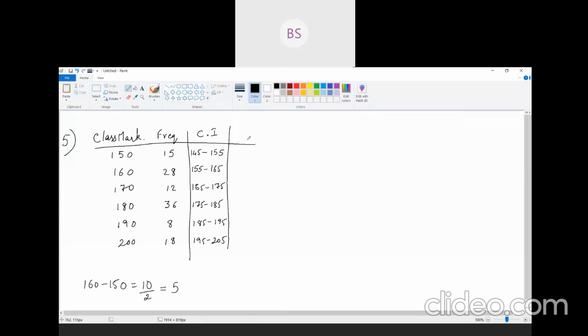Now we have to draw the histogram for these class intervals and the frequencies. So you all will be able to do the histogram further. Okay. So for this histogram, you all draw it. Okay. Now next, moving on.